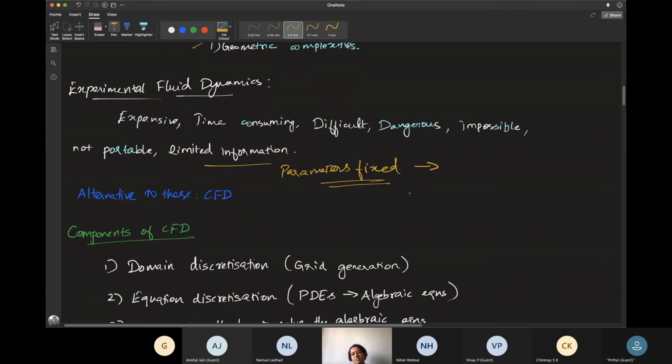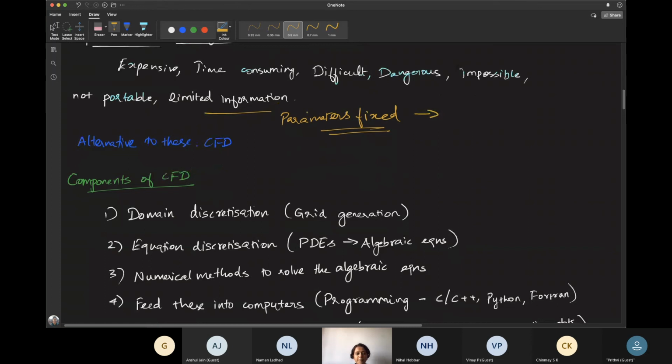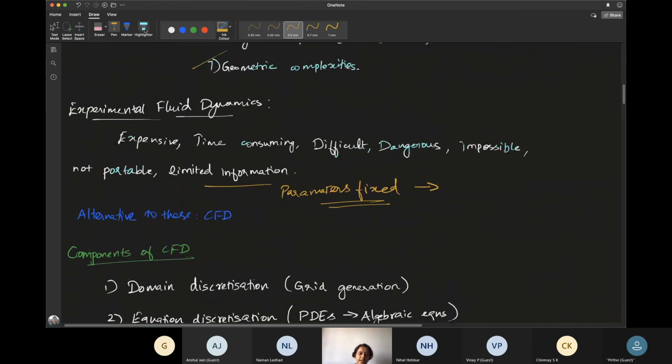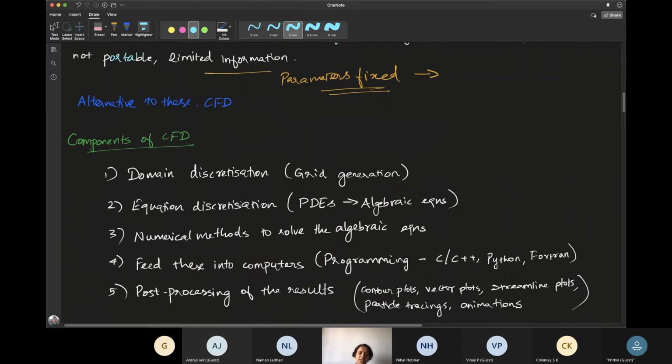But in CFD, we can easily change the parameters because we are writing the code, and then we can study the system under different conditions. In case of experimental setups, you cannot do it so easily. You need to construct everything from scratch again. So an alternative to these is CFD.